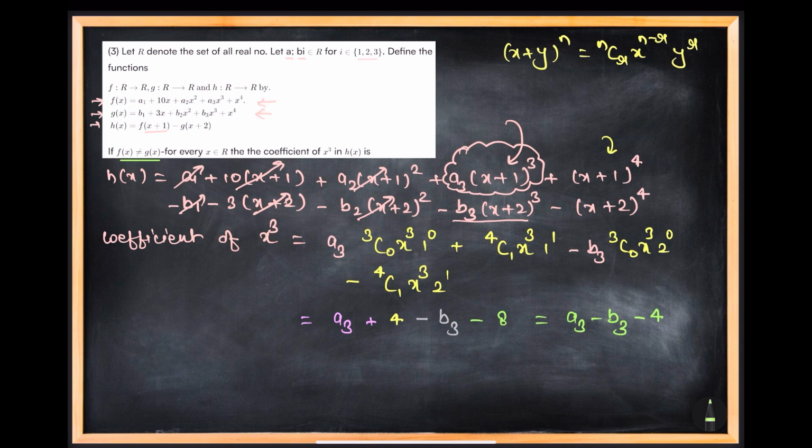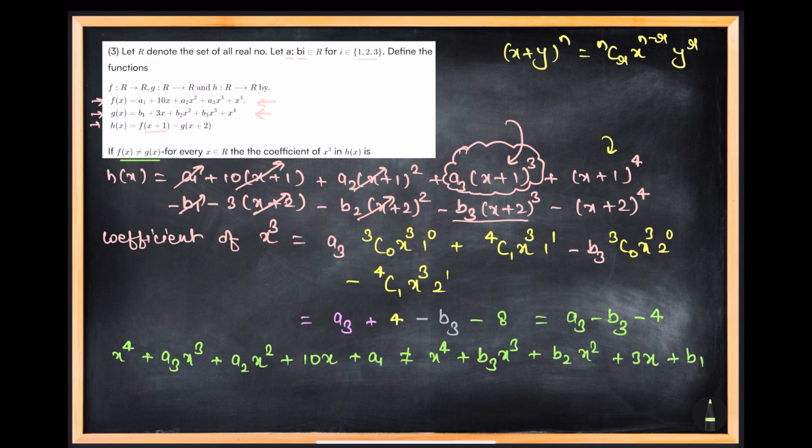So f of x is x power 4 plus a3 x power 3 plus a2 x power 2 plus 10x plus a1, not equal to x power 4, then b3 x cube, then b2 x square, then 3x, and then b1.